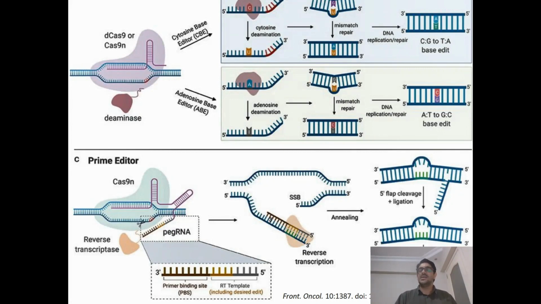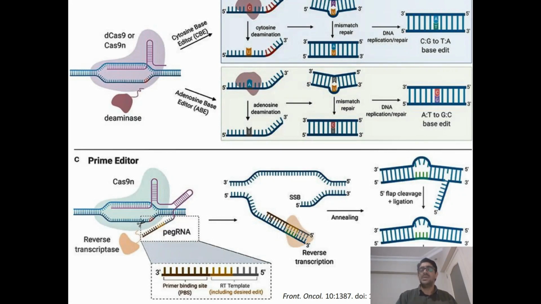And why this system is getting very popular? Because with respect to homology directed repair, in that case we were using the donor DNA to change the targeted sequences. Here we do not need any donor DNA, because we insert the donor DNA sequences into the pegRNA sequences as a primer binding site and reverse transcriptase template.